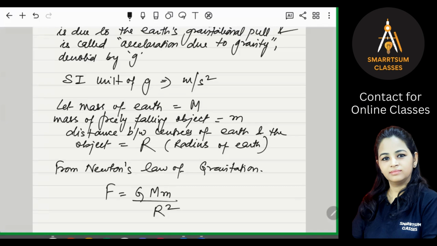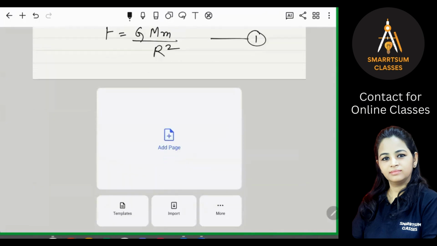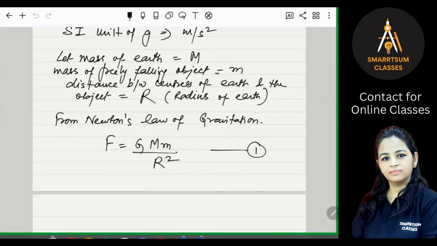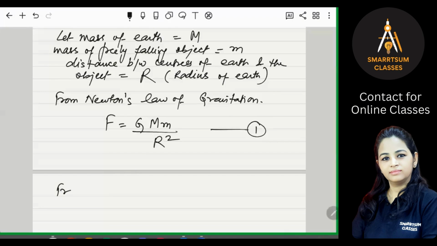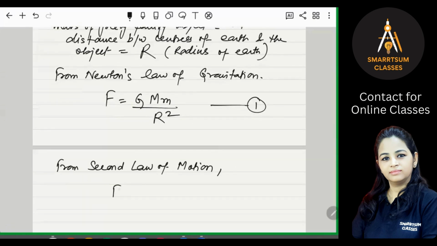This is from Newton's law of gravitation. Suppose this is your equation number 1. Now from the second law of motion, everybody knows what is Newton's second law of motion? From the second law of motion, force is given as mass into acceleration, m into a. Yes or no? This is the second law of motion.